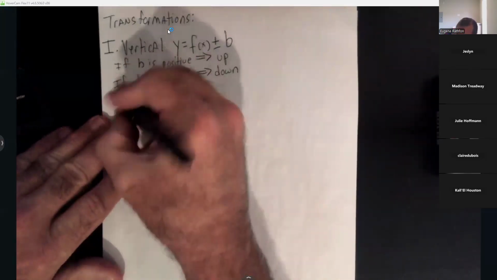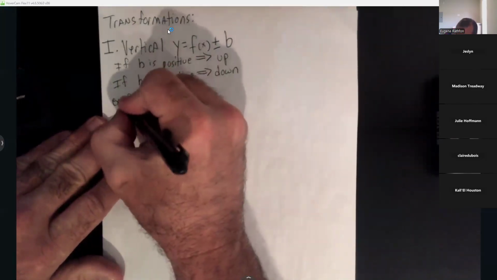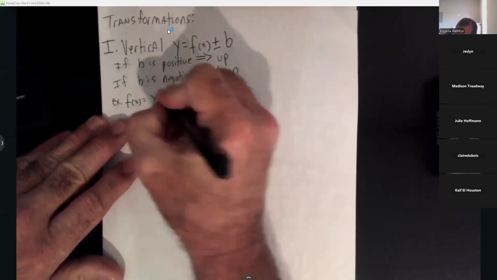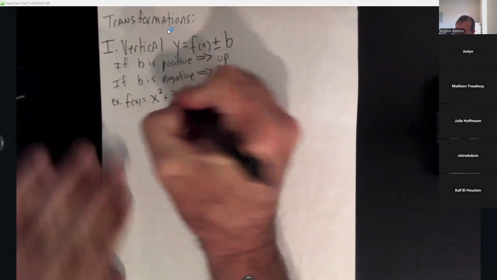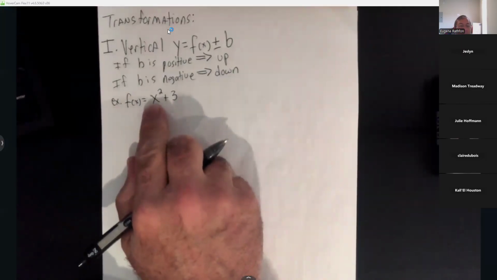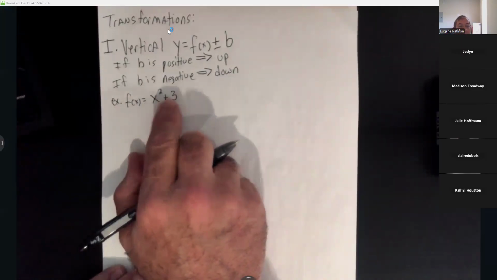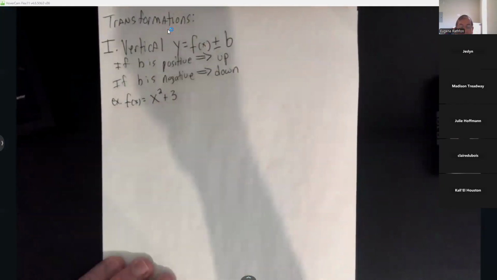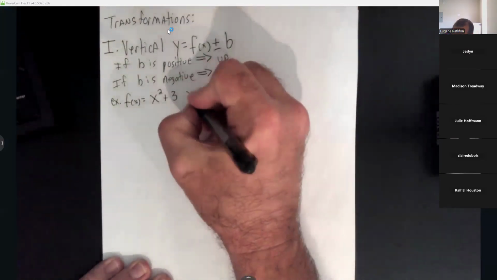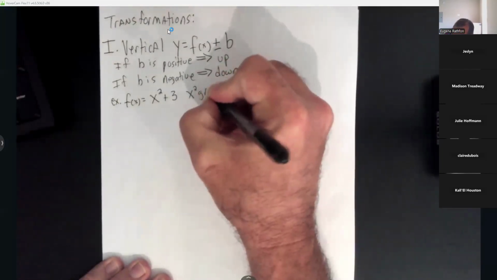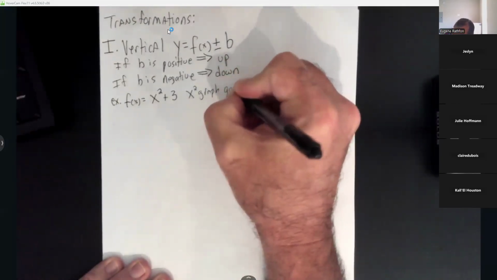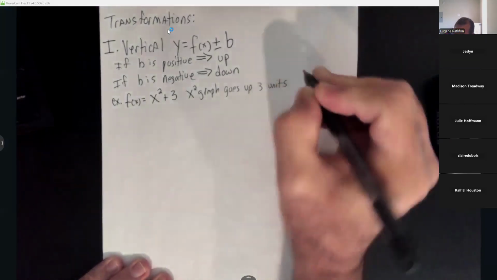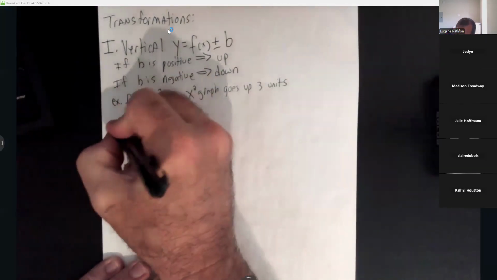So an example, if I got f of x equals x squared plus 3. This is the x squared function. If I add 3 to it, then the x squared graph will move up 3 units. Okay, now let's do another one.